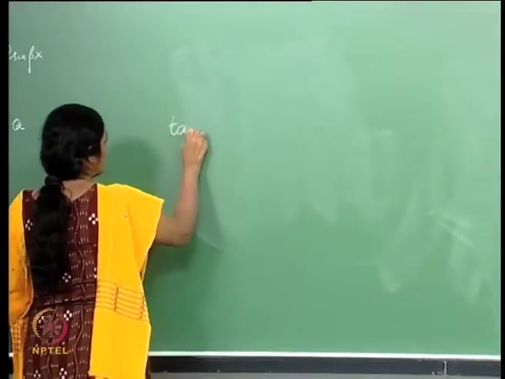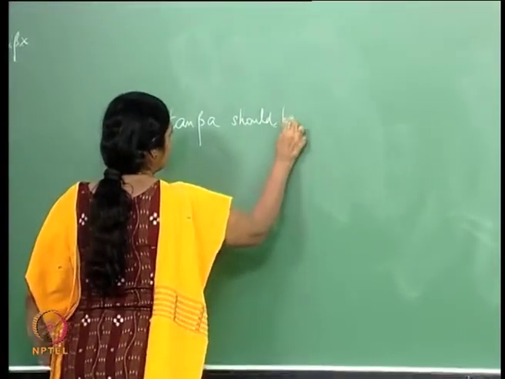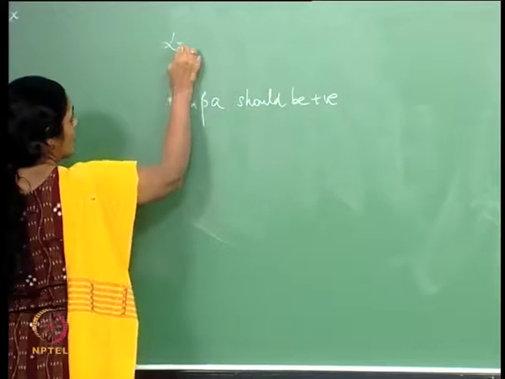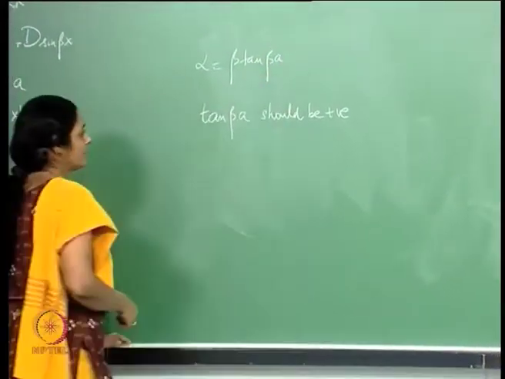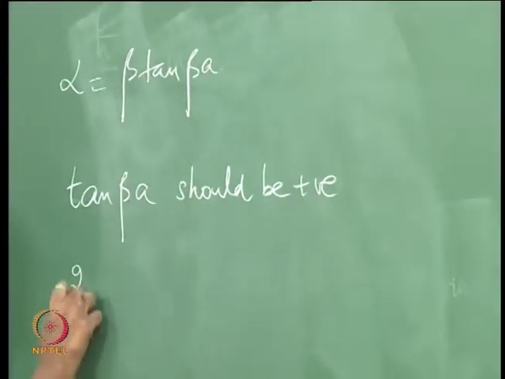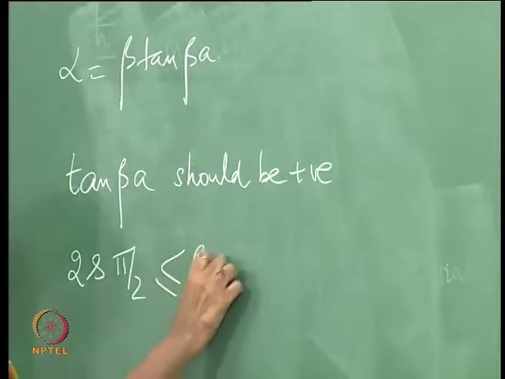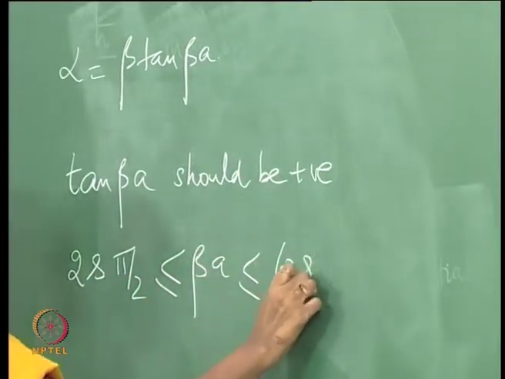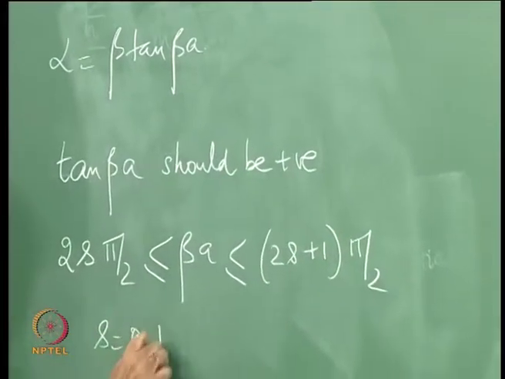So, tan beta A should be positive. I am considering the second solution. Since tan beta A should be positive, it is clear that 2s pi by 2 is less than or equal to beta A less than or equal to (2s plus 1) pi by 2, where s can take values 0, 1, 2, 3, etc.